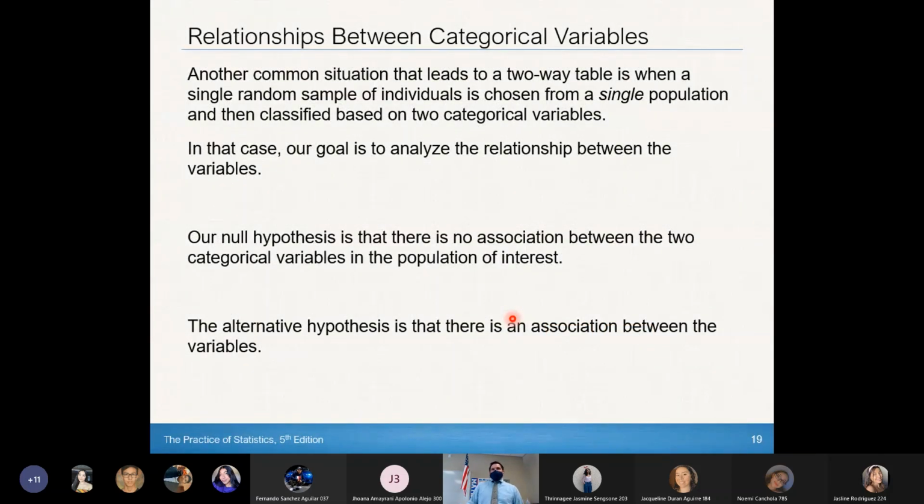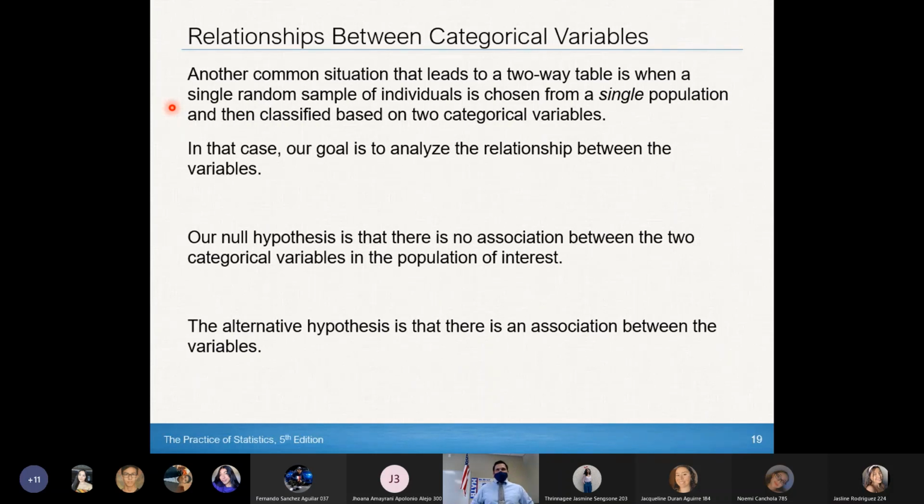So now we're moving on to the next type of test, checking for association. Another common situation that leads to a two-way table is when a single random sample of individuals is chosen from a single population and then classified based on two categorical variables. In that case, our goal is to analyze the relationship between the variables.